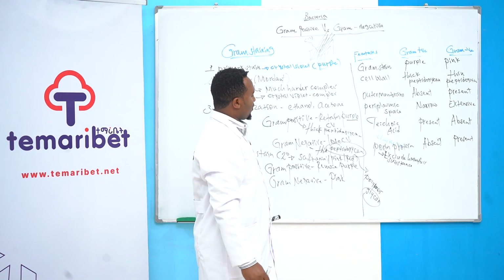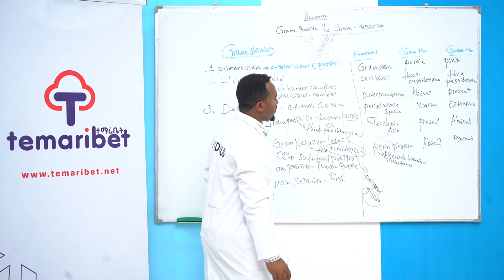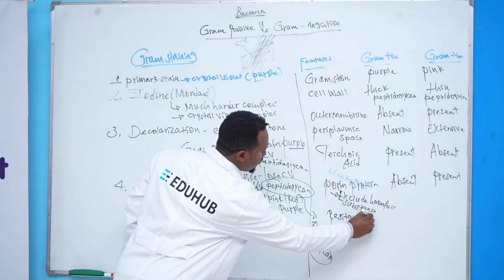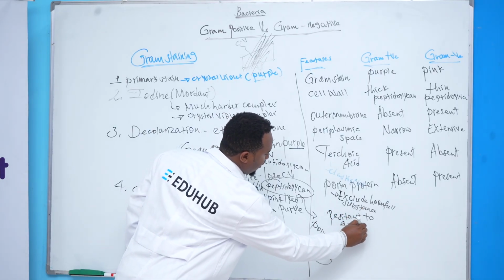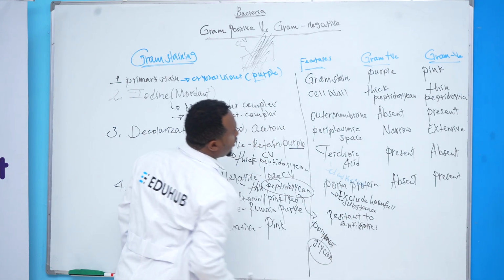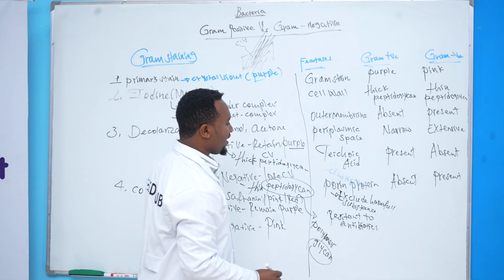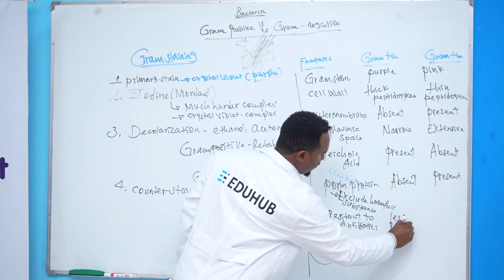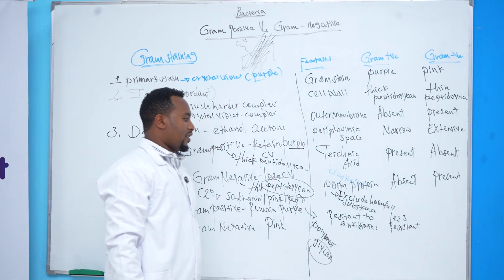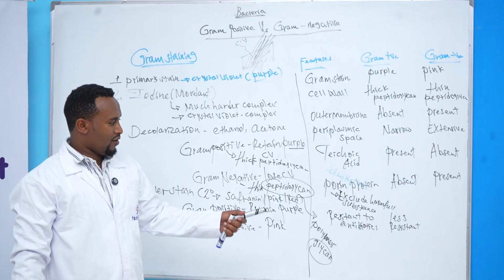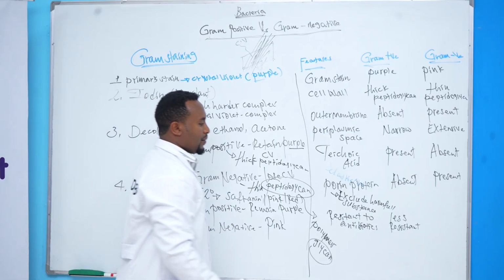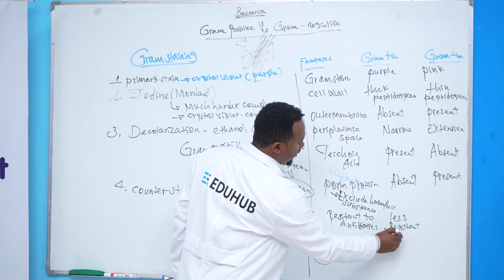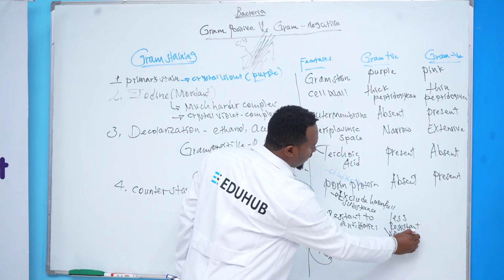And the other difference is resistance to antibiotics. So, you know, the gram-positive bacteria are less resistant to antibiotics. They can easily be killed by any antibiotics which can kill the bacteria. For example, we can kill or damage the gram-positive bacteria by using penicillin.